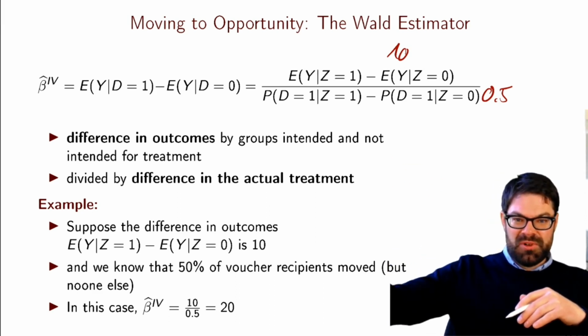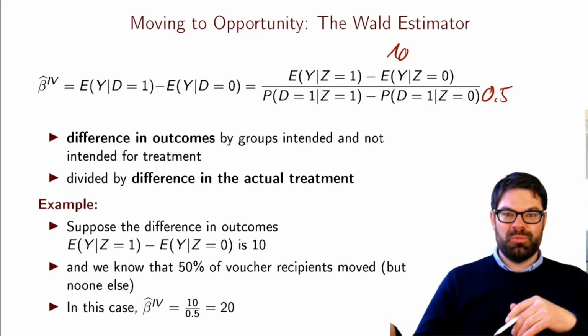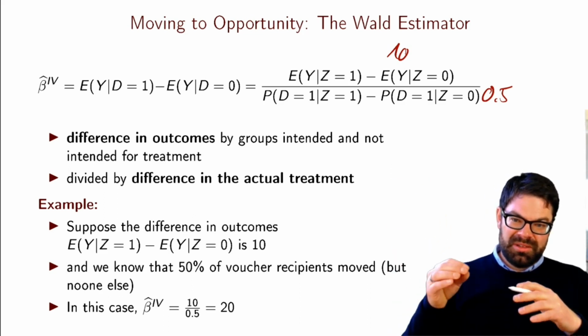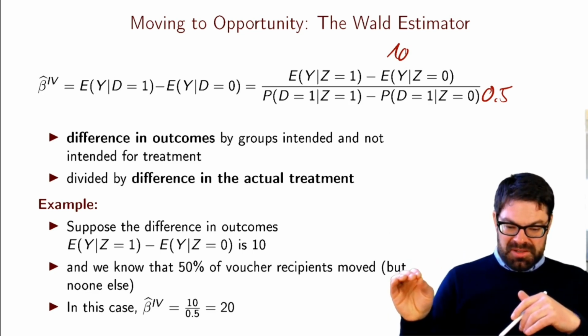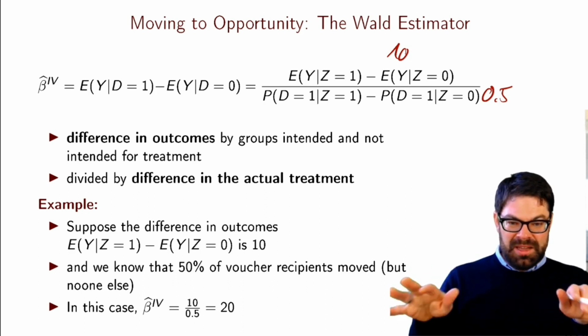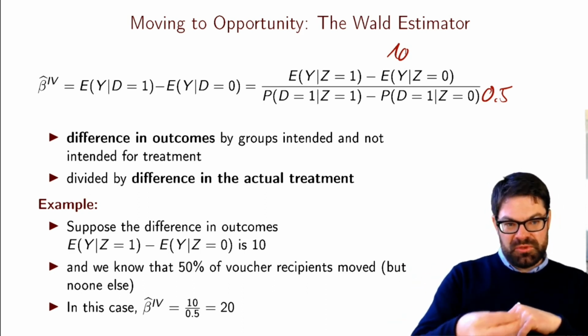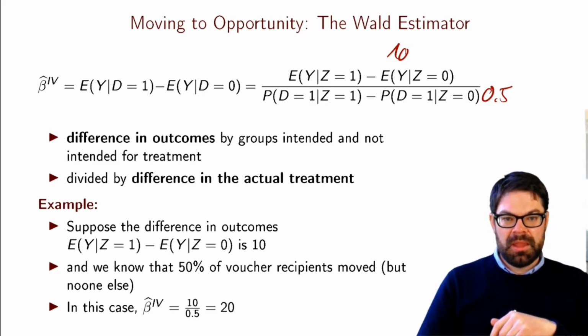And these may be a selected sample or a selected subgroup. So even though it's a causal effect, it may not be representative of the population we actually want to study, because it's so much more beneficial for some people to take the treatment than for others.